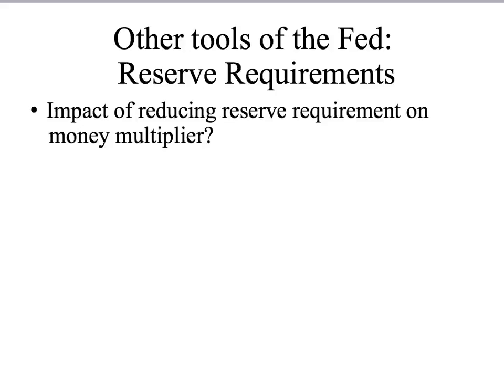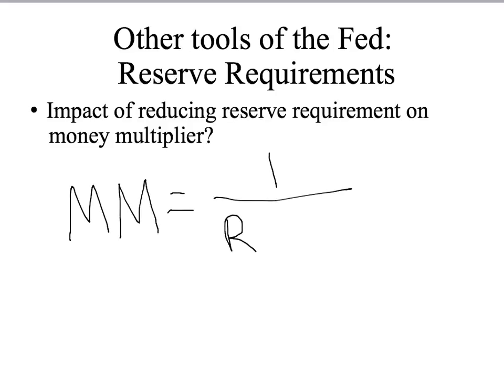So if we reduce the reserve requirement, remember, our money multiplier is equal to 1 over our required reserve plus our excess reserve. So if we reduce our required reserve and we assume that that doesn't have an impact on excess reserve, then it is going to increase our money multiplier.